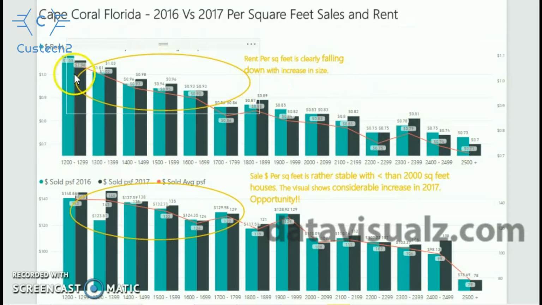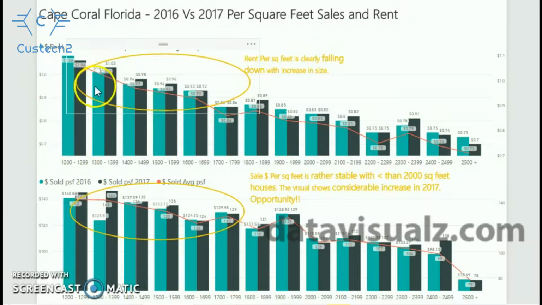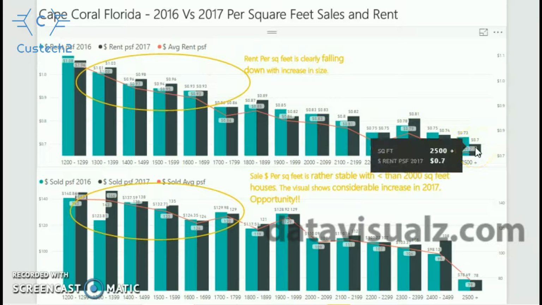But overall we can easily identify that the rent per square feet is clearly falling with increase in sizes. As the size is increasing, the rent per square feet is lower, from 1.08 for 1200 to 1300, continuously down to 0.7 for houses with 2500 square feet and plus.